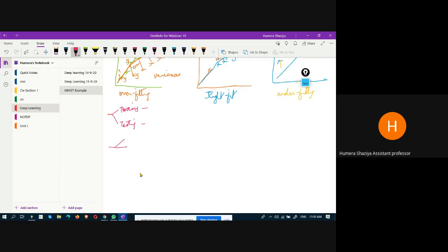Sometimes you have three sets: training, validation, and testing. You perform training and validation together and testing separately. Sometimes you perform both simultaneously, and sometimes you do training and testing, and again test using different data. This is how you can have the data set division.